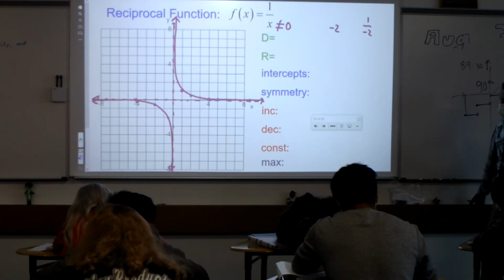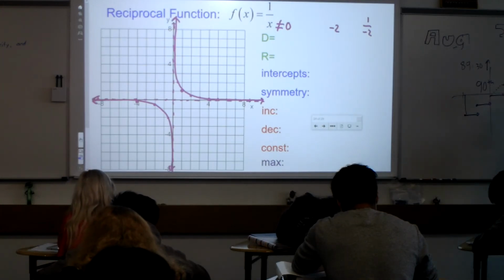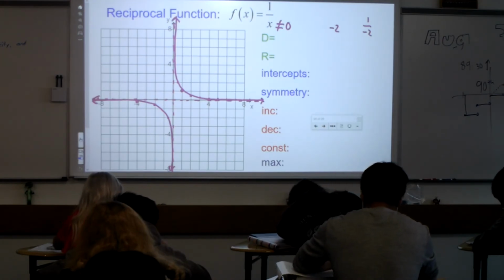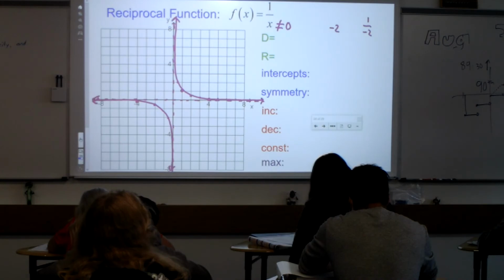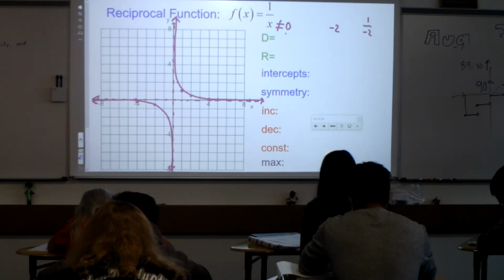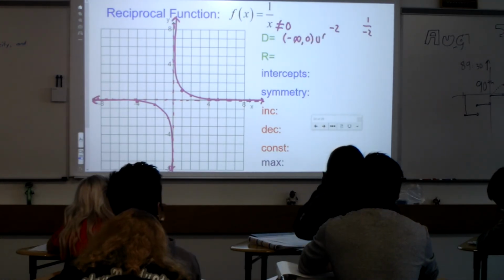Okay, 10-second warning. Move on real quick here. Caitlin, what did you say about the domain? It's negative infinity to 0, union 0 to infinity.